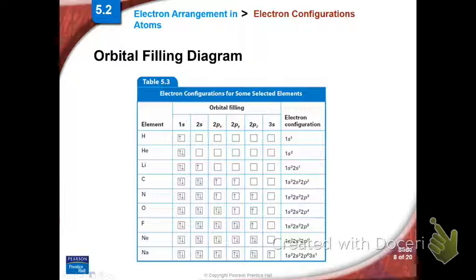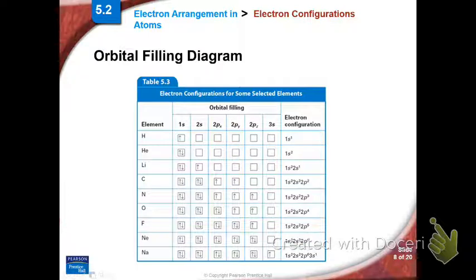When we write our electron configuration, our address of where electrons are, we say 1s2. There's 2 electrons in the 1s box. 2s2, 2 electrons here. 2p4. In our p orbital, we have 4 electrons.